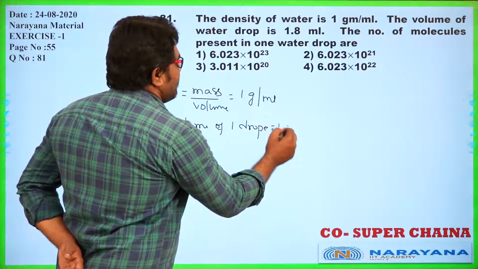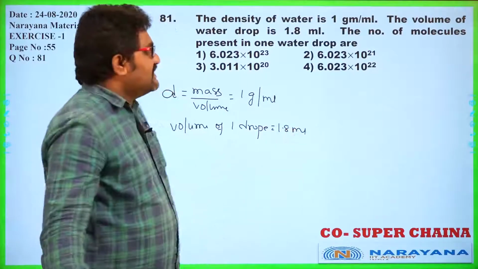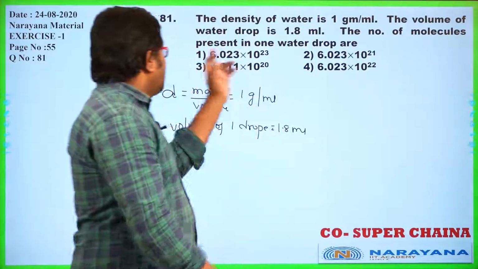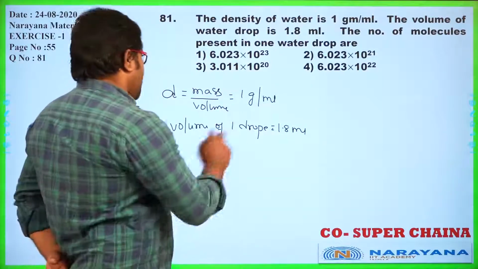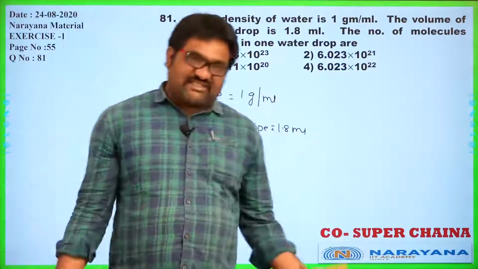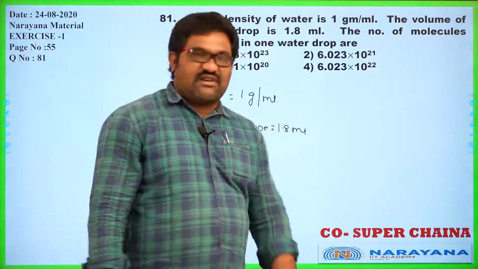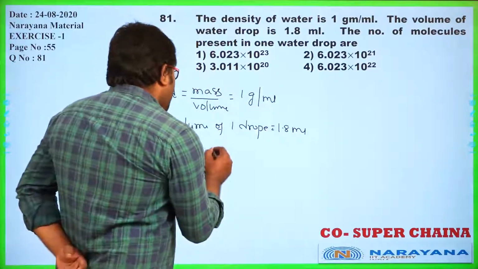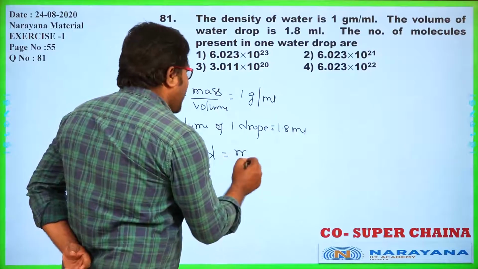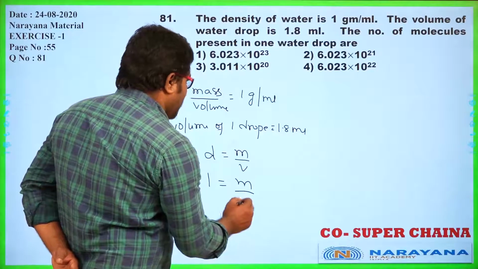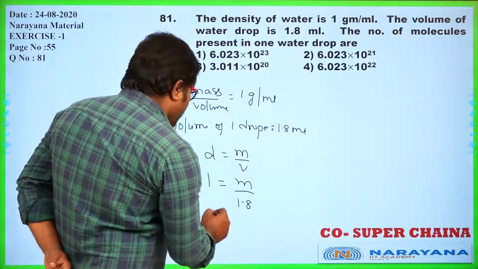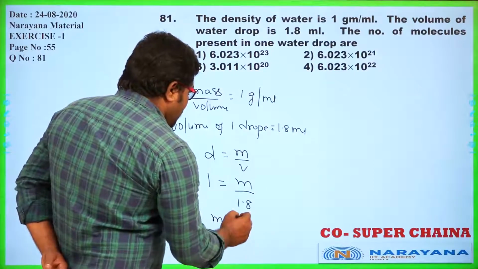He has given 1.8 ml. The number of molecules present in one water drop. So first of all I want to calculate the weight of that one water droplet. Now density is equal to mass by volume. Density is equal to 1, mass we don't know, volume is 1.8 ml.